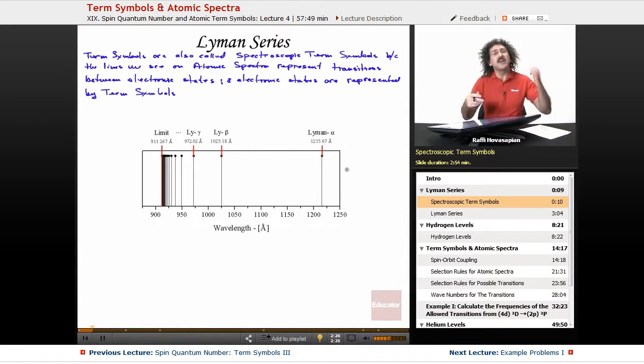When they fall back down, they emit that excess energy as photons of light, but they emit certain frequencies. That's what we see here. The higher they go, the higher the energy when they fall down, and of course at some point it hits some upper limit. It absorbs energy of a certain frequency, and then it spits it back out when the electron falls back down to the ground state.